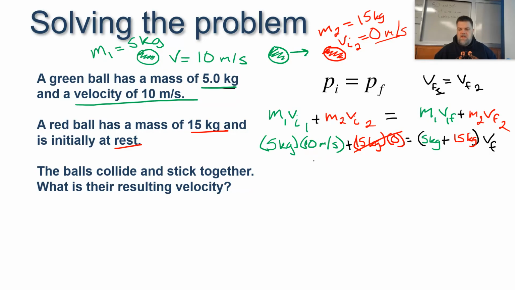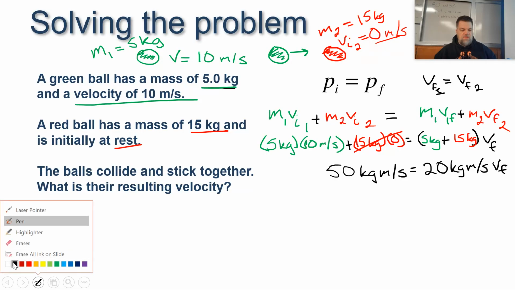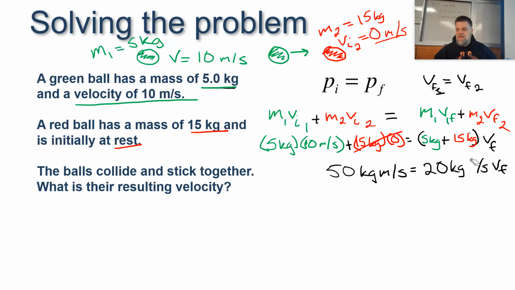This over here is going to be 5 times 10, so this is going to be 50 kilogram meters per second. Over here, I'm going to have 20 kilograms times VF, right? It's not meters per second.